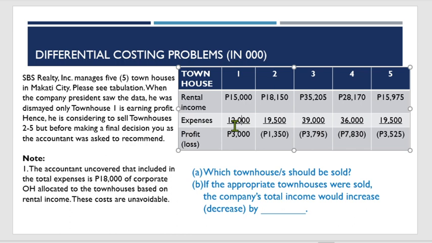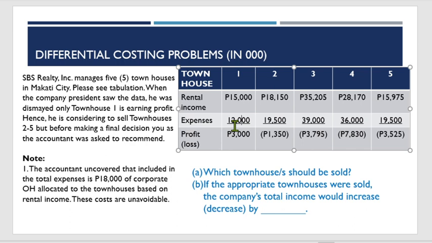How do we compute number 2? The same procedure: 18 million times 18,150 divided by the total rental income. That is your unavoidable overhead, which will continue even if you eliminate those townhouses. So it is not fair to include it in the computation of relevant costing.